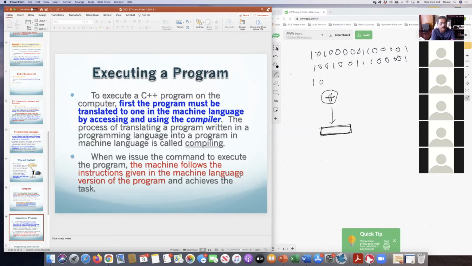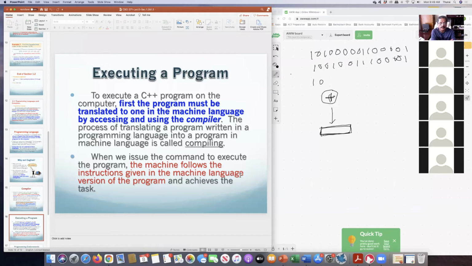So only if your program is correctly written within the syntax rules of the language will it be able to translate it. So if there is something that is not C++, it will complain because it cannot translate that. If you violate the language rules, the compiler can pick up on those.